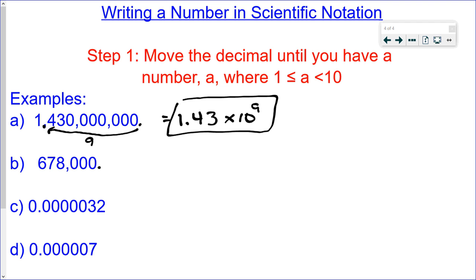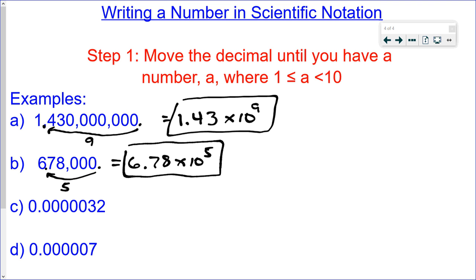All right, so let's look at this next one. So I move the decimal point. I'm going to move it to right there. So how many places did I move it? I moved it 3, 4, 5 places. So this would be 6.78 times 10 to the 5th. All right, now we're going to go the other way. So on this one, I'm going to move the decimal point from here to here.